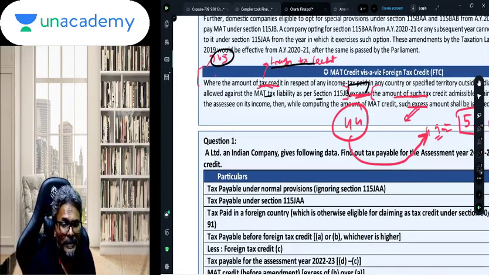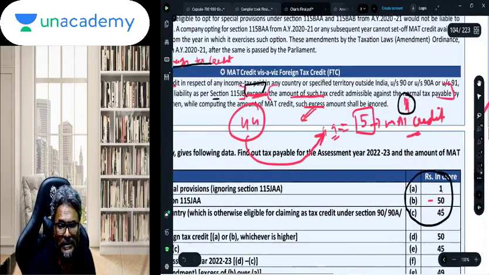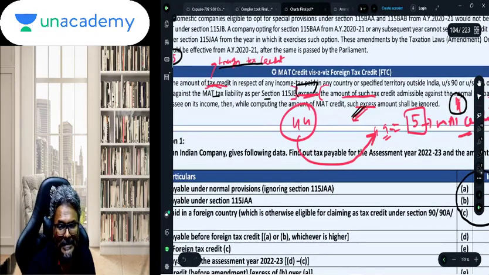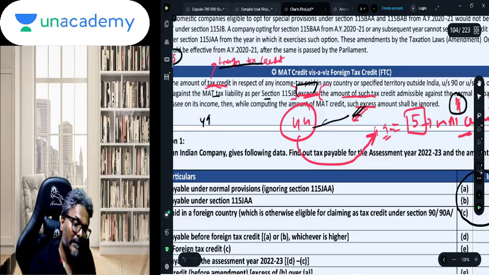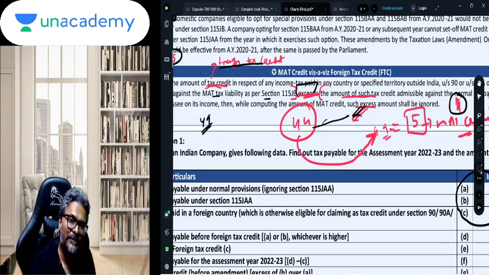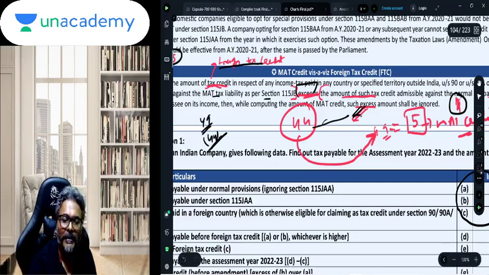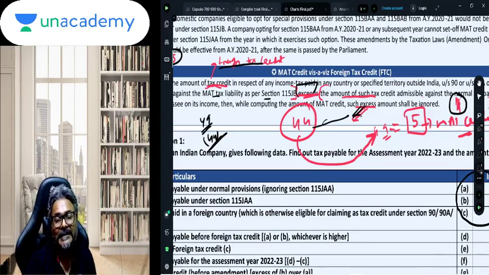So how much is the excess now? In this case, students, how much is the excess? The excess is 44. Such excess amount in the MAT credit is 49. So the excess of the above, which is 44, will get lapsed. 44 is the excess of the foreign tax adjusted against the MAT versus the foreign tax adjusted against the normal tax.